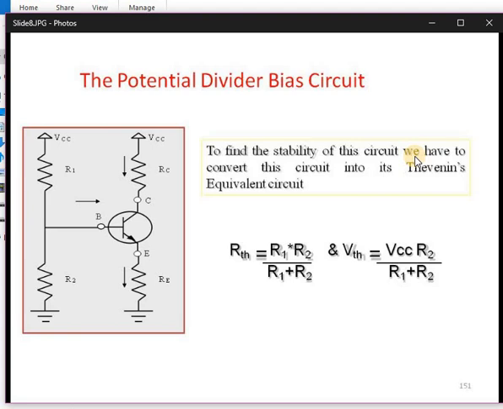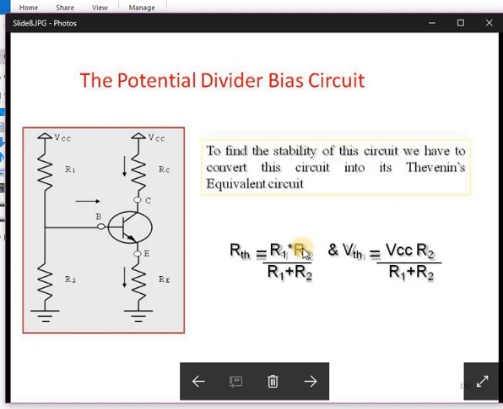The Thevenin resistance is RTH. From the potential divider circuit of R1 and R2, when we calculate RTH, the resistors R1 and R2 are connected in parallel.